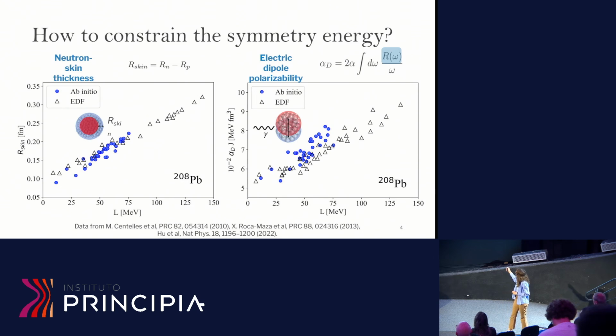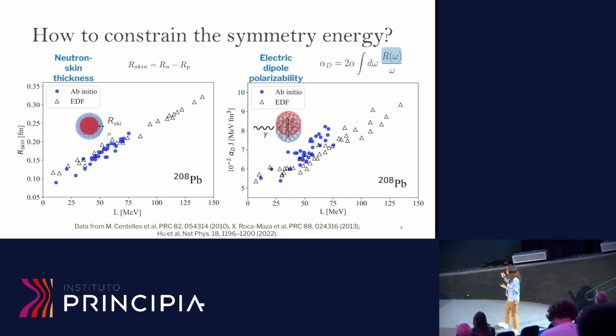Also here we see a nice correlation coming out. And so via a synergy of experimental measurements of the polarizability and theoretical calculations, we can say something on the symmetry energy parameter starting from an electromagnetic observable, the electric dipole polarizability.